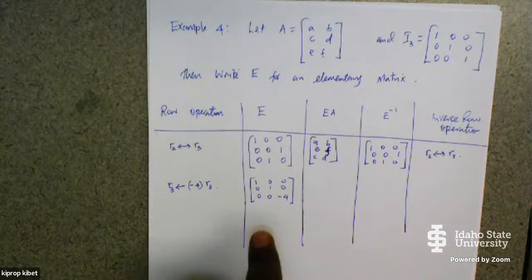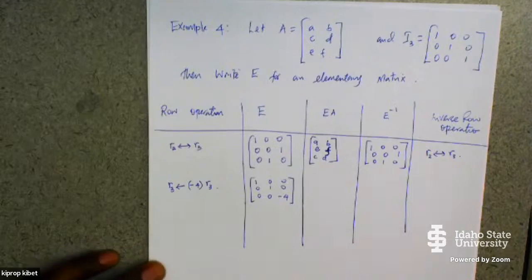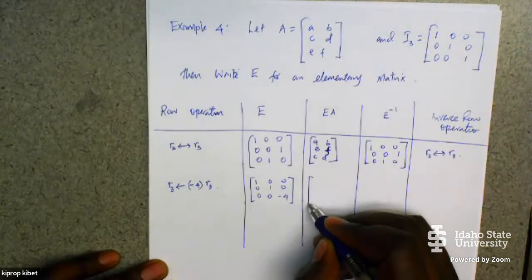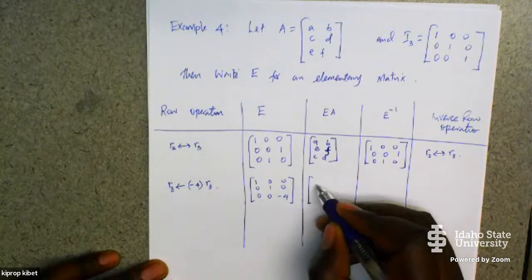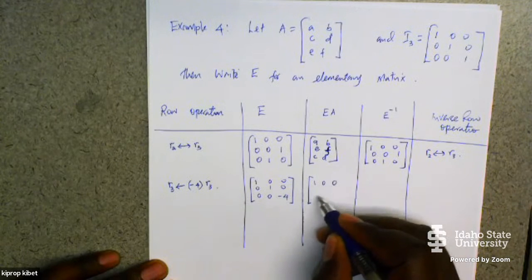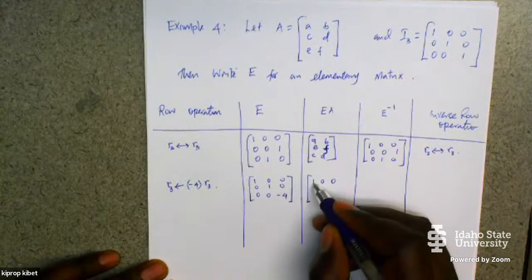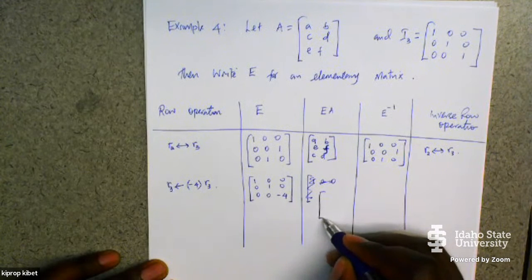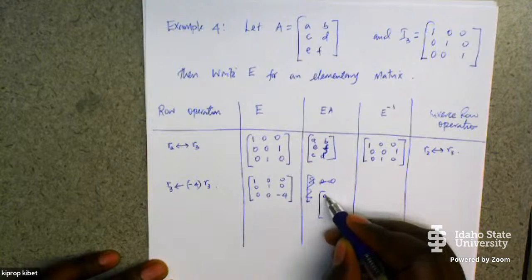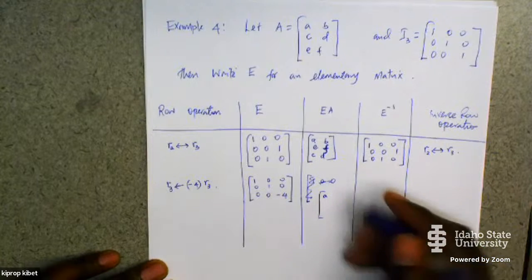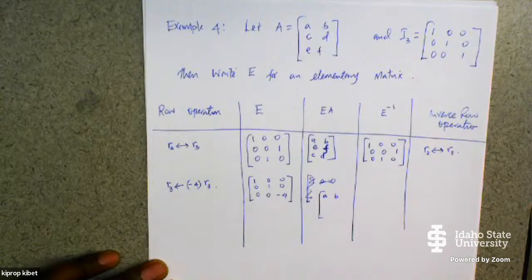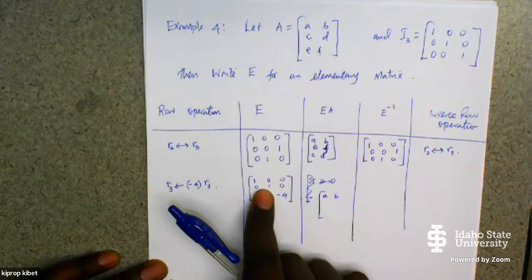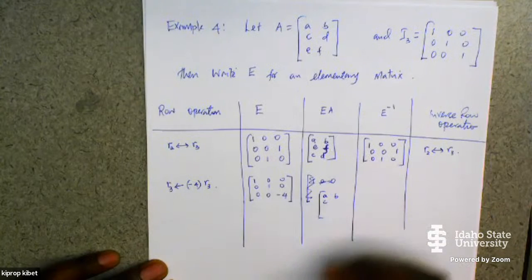Now, if we multiply our elementary matrix and our matrix A, what you get is 1, 0, 0. What you get is actually A. The next one is B, right? This and this will be C. The others are 0.